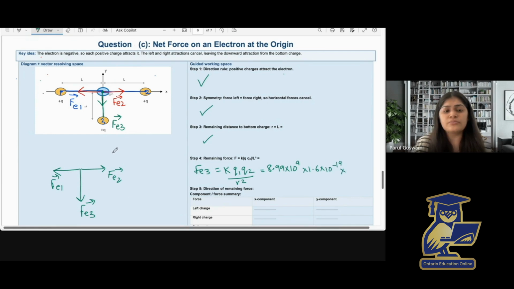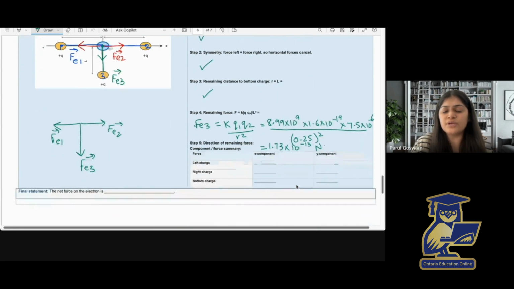And Q2, this charge is already given to us, which is 7.5 times 10 raised to the power negative 6, over r squared. r is just L in this case, and the distance L is 0.25 meter. I will write the square of it. On solving this, we get 1.73 times 10 raised to the power negative 13 newtons. This is the force that we get.